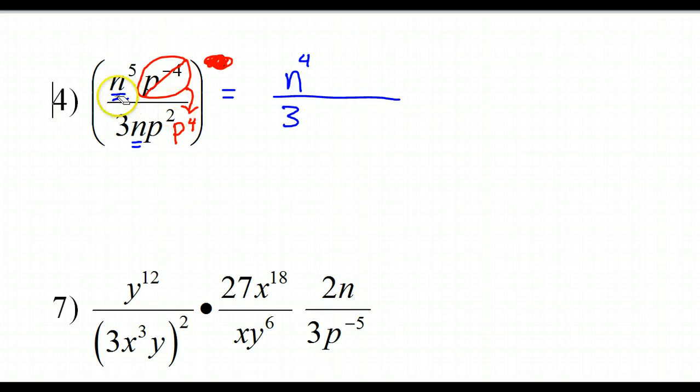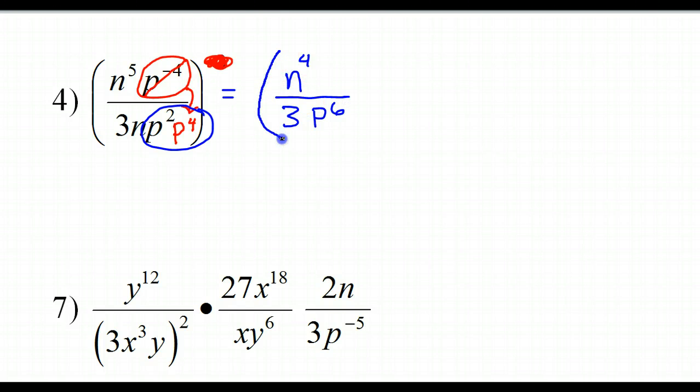Now, looking at the p's, I've got p squared and p to the 4th, all on the same level. I'm going to wind up adding these, so this is going to be p to the 6th power. So this would be your answer. Whoa, I almost forgot my own situation. Okay, so this is all simplified now on the inside.